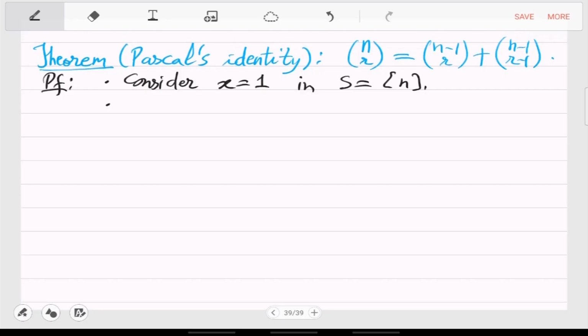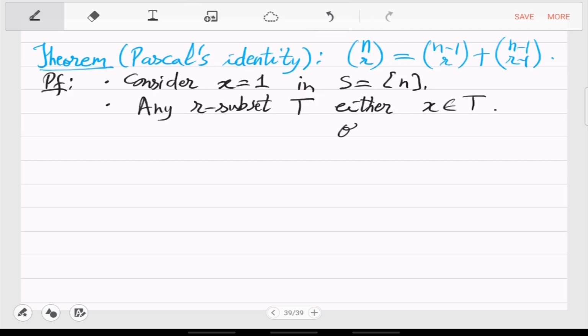Now you are interested in r-subsets. Any r-subset T either has x in it or x is not in T. Then you count these two cases, and because of disjointness you add them.